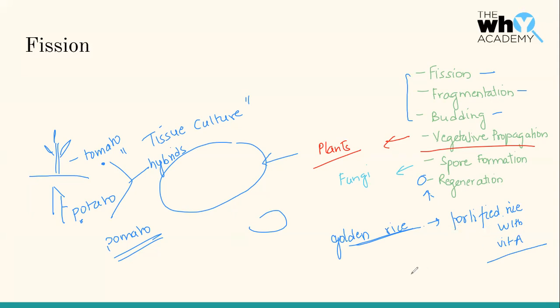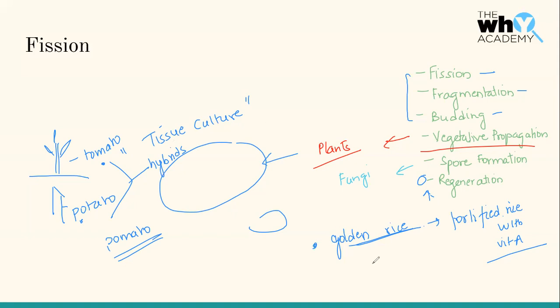There was a vitamin A deficiency in a region, and the region's main diet was rice, and malnourishment was going on. So they modified rice, fortified it with vitamin A, and called it golden rice.